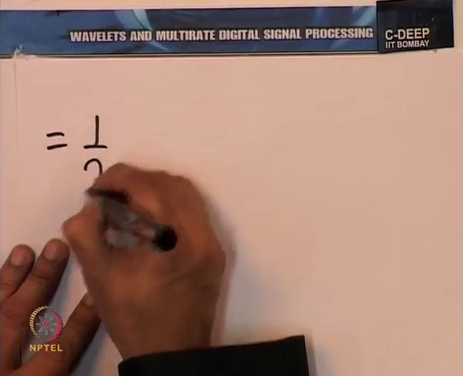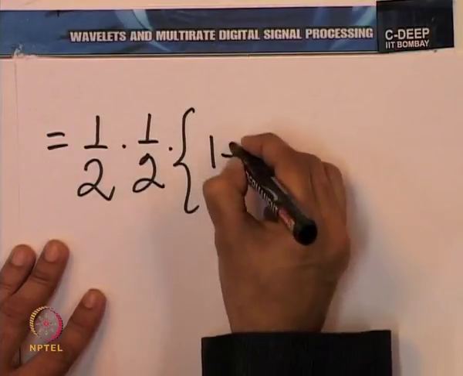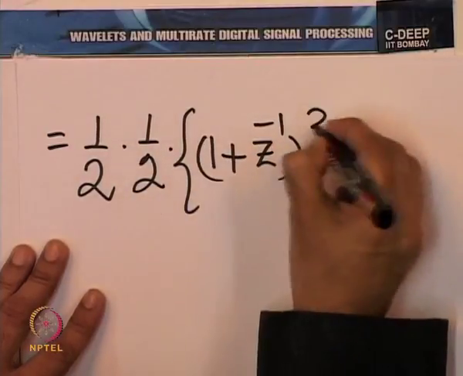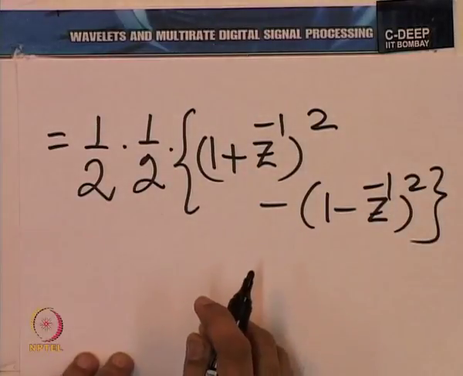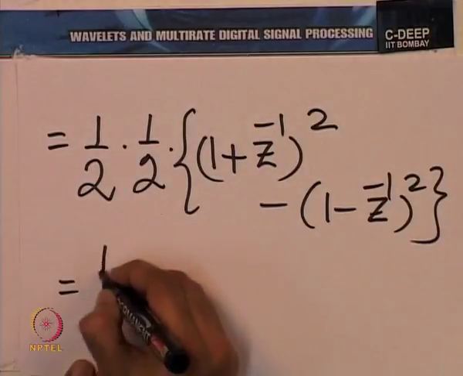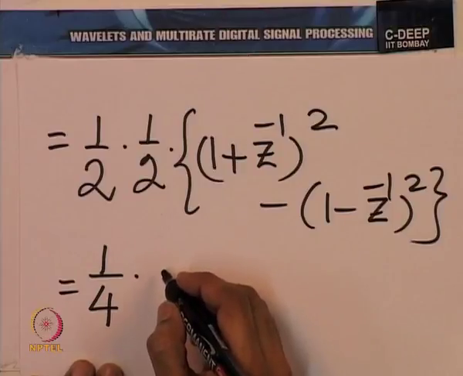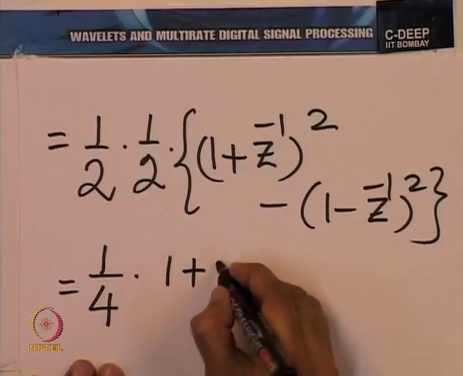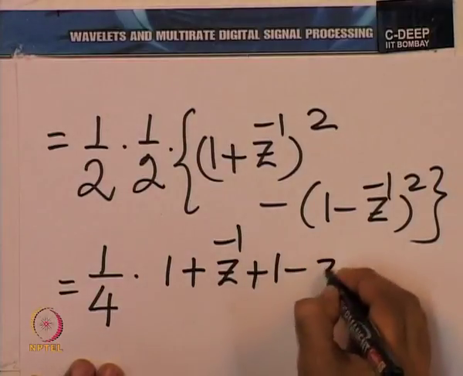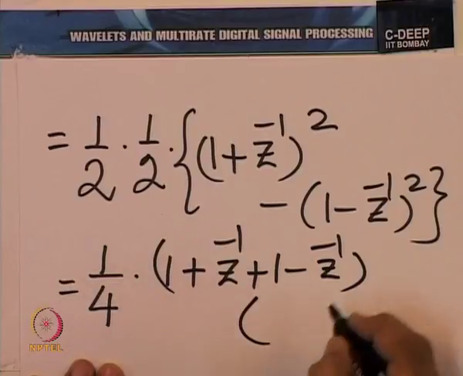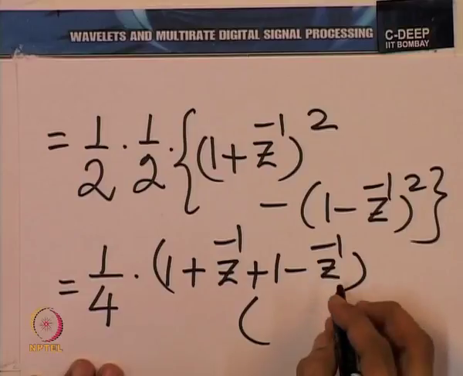It essentially gives us half into half and we can use the a plus b into a minus b kind of expression, and we have 1 by 4 a plus b is 1 plus z inverse plus 1 minus z inverse, and a minus b is 1 plus z inverse minus 1 plus z inverse.